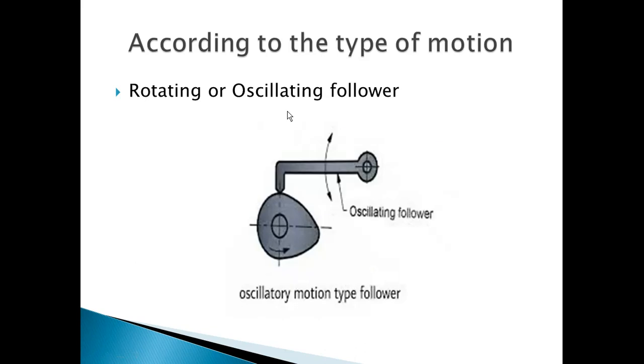The first one is reciprocating, and the second one is oscillating or rotating. In this figure, you can see that the cam is over here and the follower is pivoted at this pin point, which is called the fulcrum point. As the cam rotates, the follower will oscillate about this fulcrum point, giving an oscillating output motion.